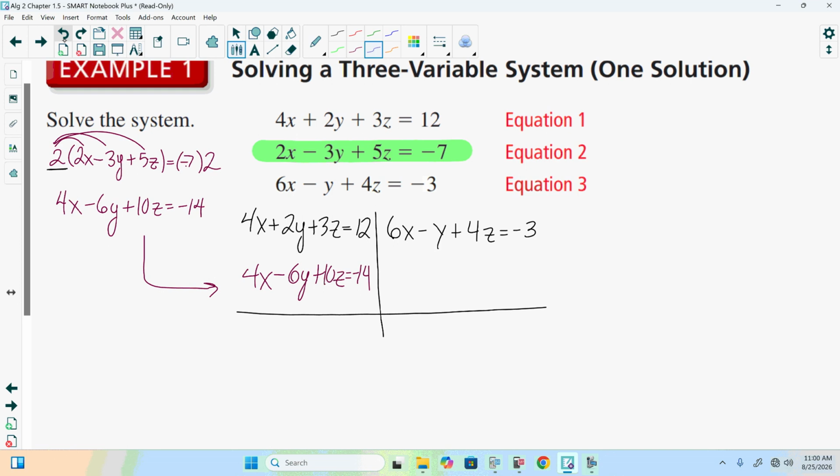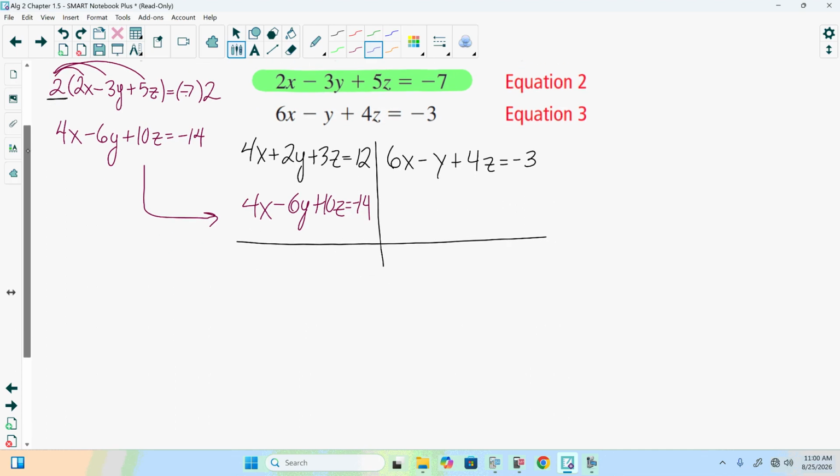For them to go away completely, we need that number to be the same. So we need to turn 2x into 4x. To do that, we're going to multiply by 2, because 2 times 2x would give us 4x. That's what we're mainly focused on. We're scaling the equation up. We're not actually changing the values, we're changing what they look like. And by doing that, we do get 4x, yes?